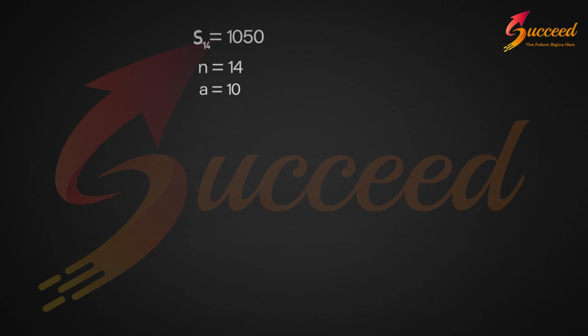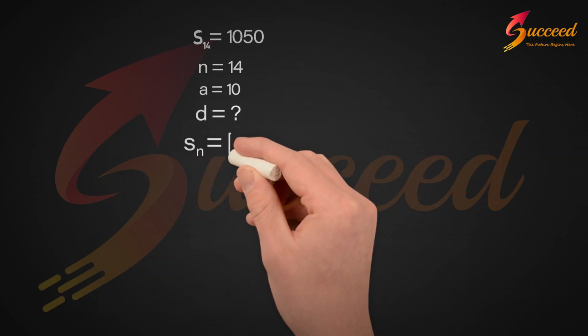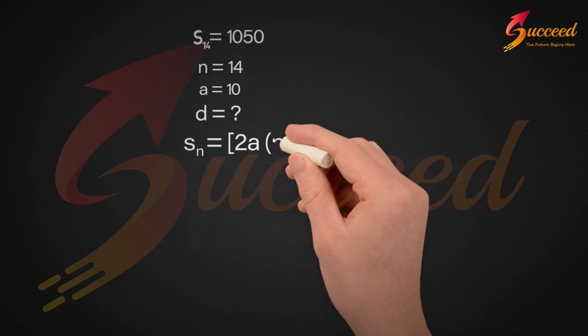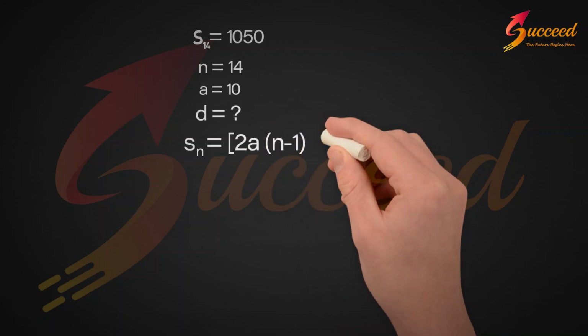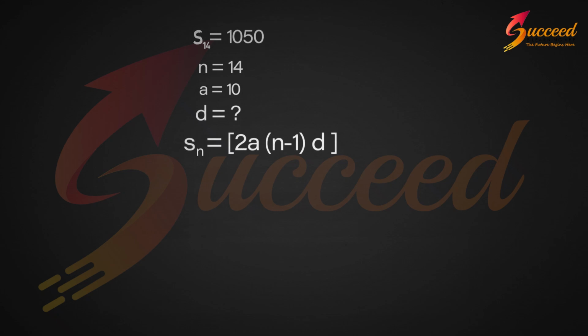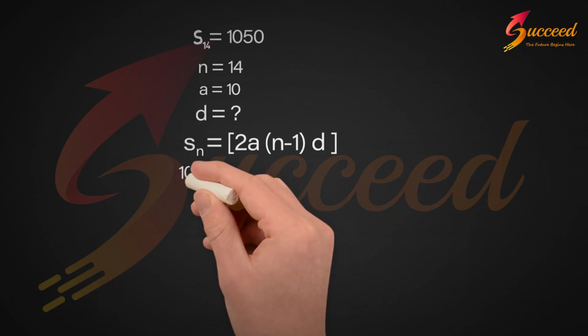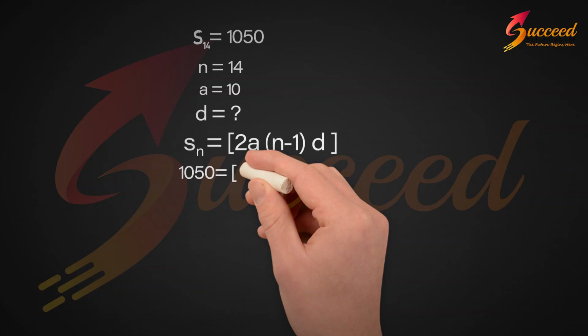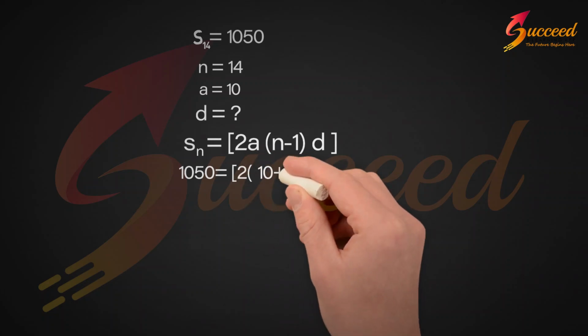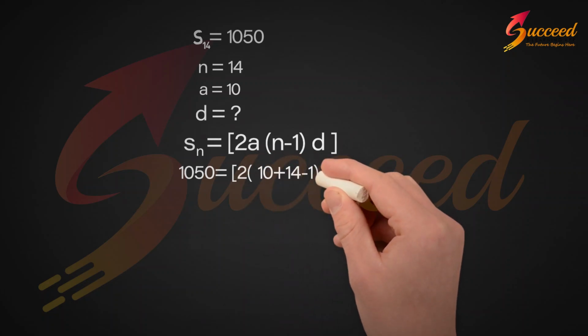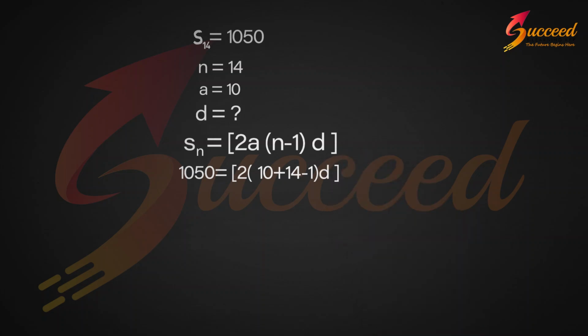To do that, we first need to find the value of d. So let's begin with what we already know. The value of Sn equal to 2a plus n minus 1 into d. So now let's substitute. We have S14 as 1050. So putting it here, we get 1050 equal to 2 into 10 plus 14 minus 1 into d.